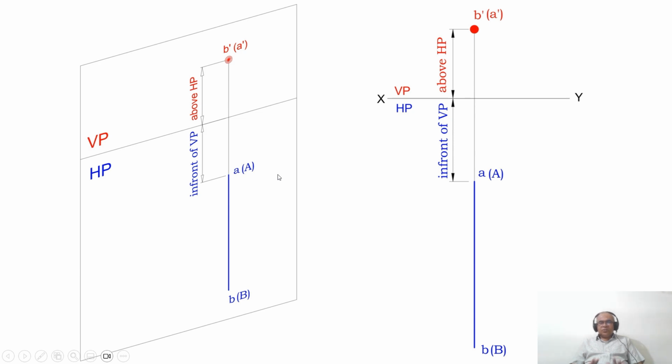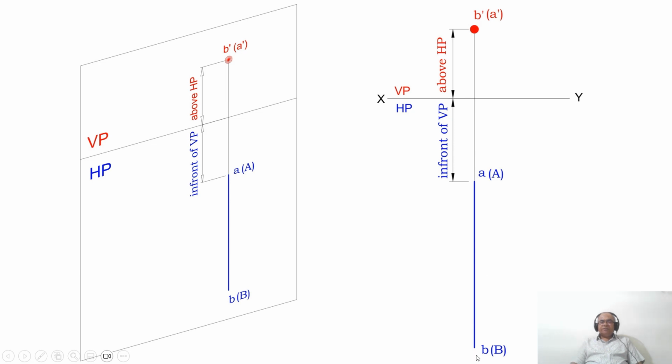Now when you want to give the exact orthographic view of this, just copy this and remove these two lines. So you draw the XY line, identify VP and HP, and you take some point from here and draw a vertical line perpendicular to XY in the top view, and this is small a and small b. When you look from the front view, you are going to get a point.